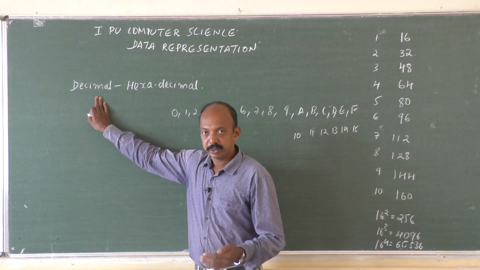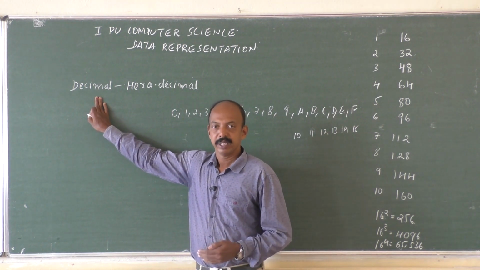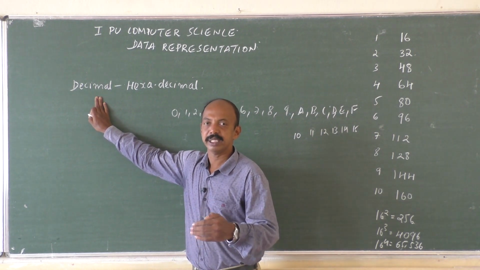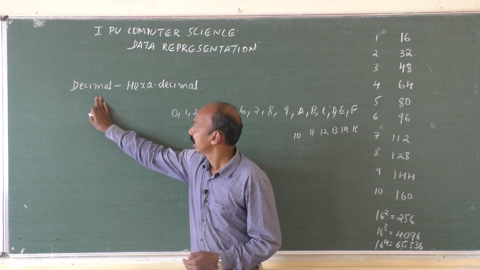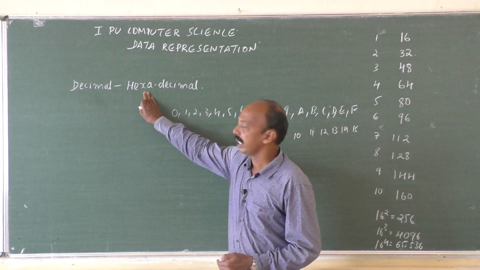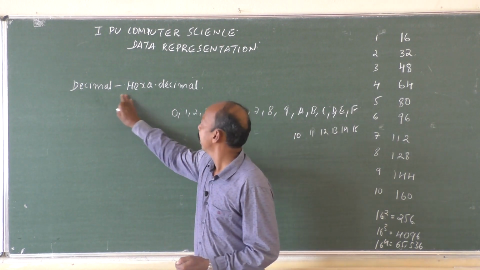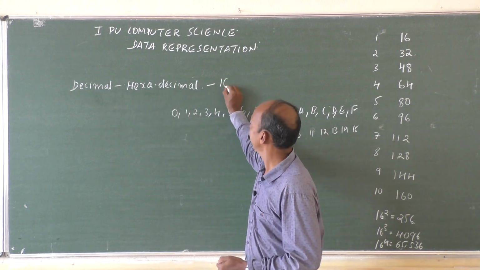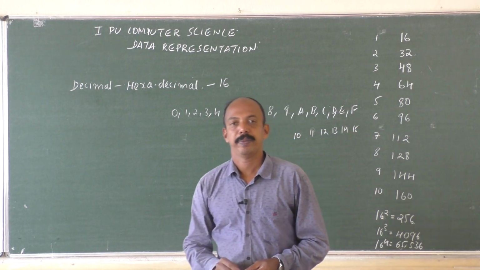We noted down the quotient and the remainder, and kept on dividing the quotient till it became 0. Here it is hexa, which means the base is 16.